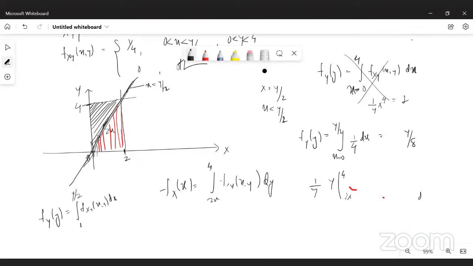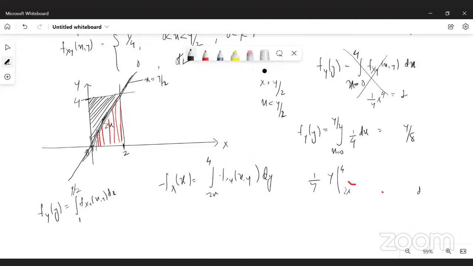Because when my x is becoming 2, the value of y becomes 2x. If x is 2, the value of y becomes 4. So here I am putting the limit in terms of y, while integrating x.